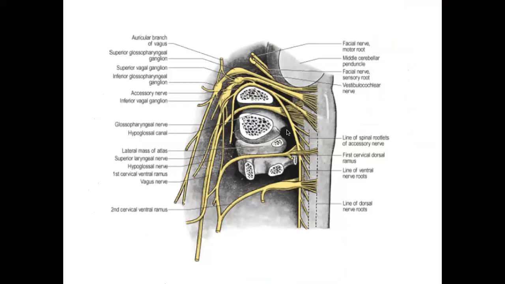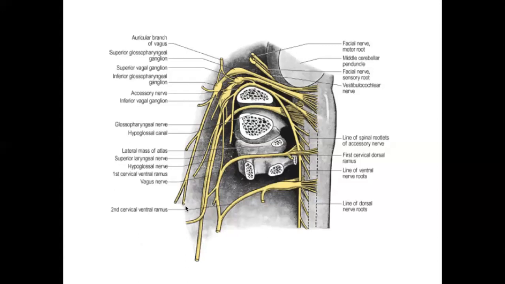Now this is just again lateral view. You can see the formation of the accessory nerve. This is the cranial part, this is the spinal part. Both of these two join together to form the accessory nerve. After coming out, immediately it separates into spinal part and cranial part. Cranial part joins with vagus nerve, 10th cranial nerve, and supplies it.